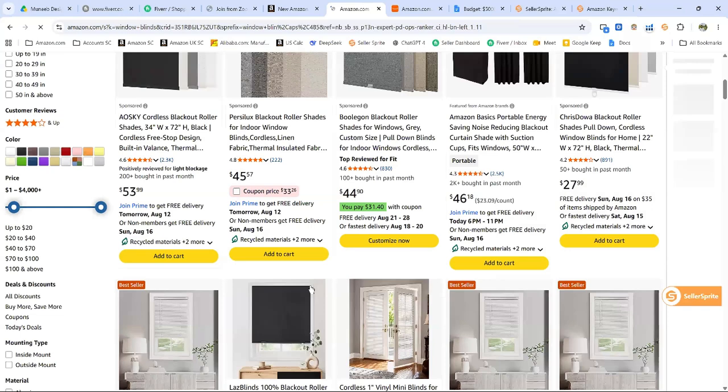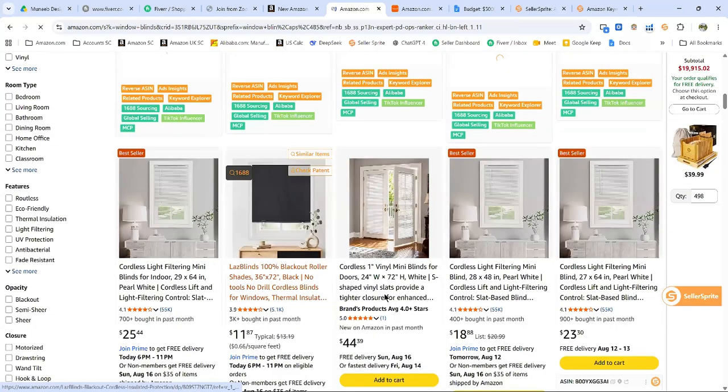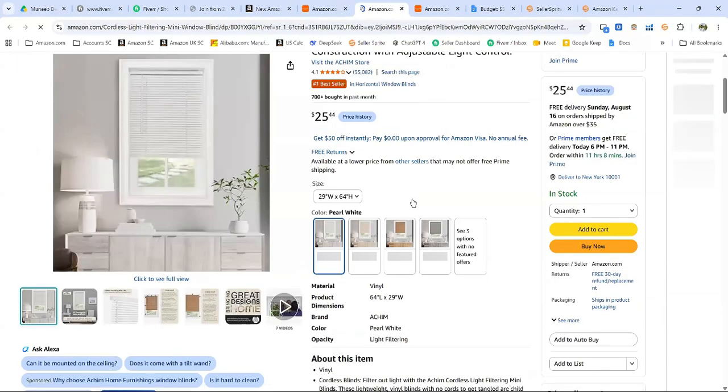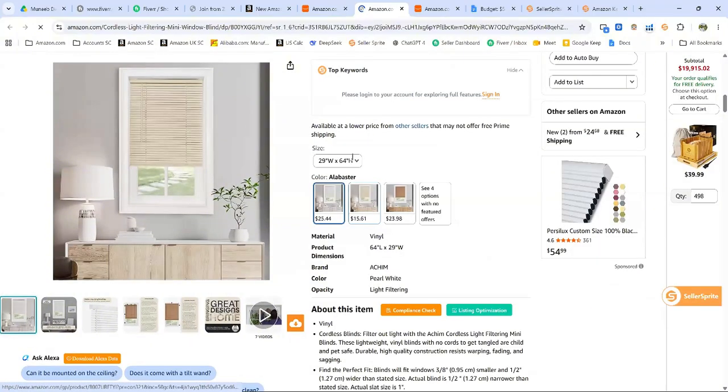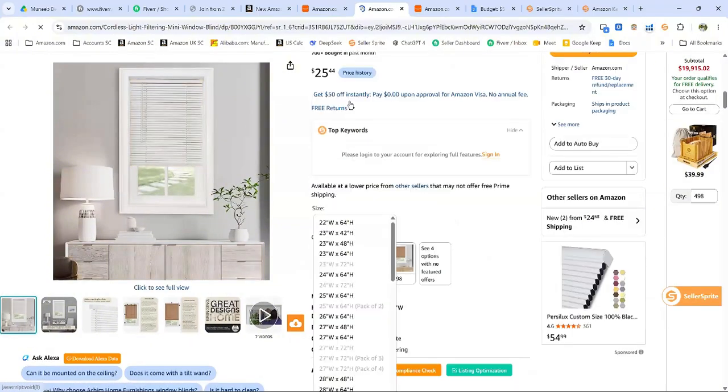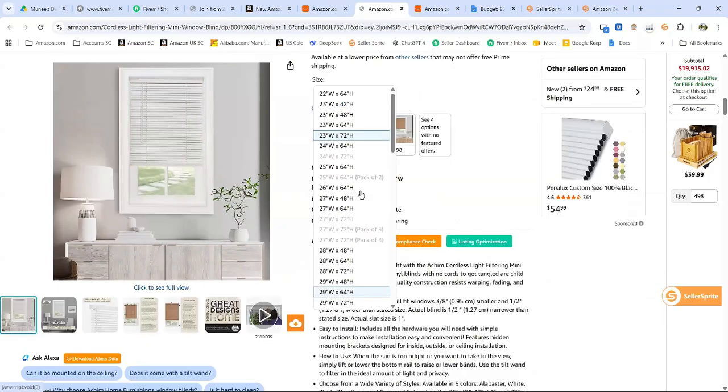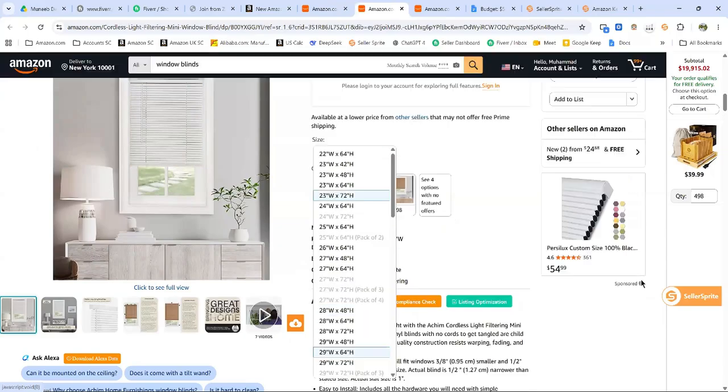Something like size and color, you have to stay away more. You can see here in this product, there are almost 30 or 40 sizes, and most probably it will be FBM.